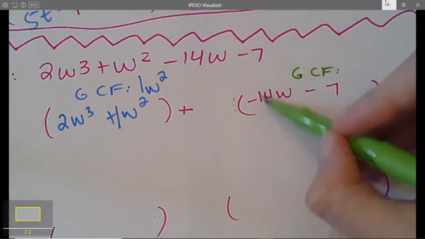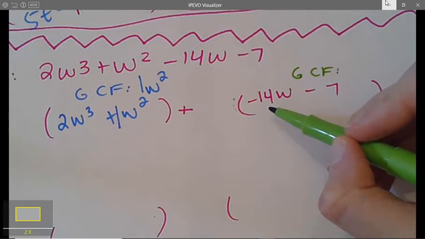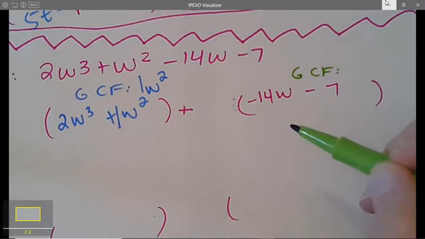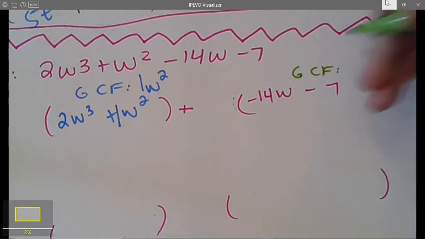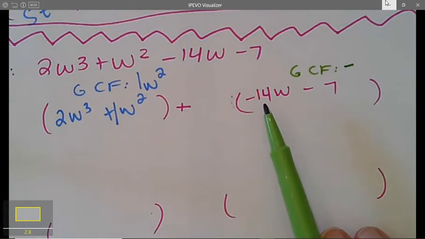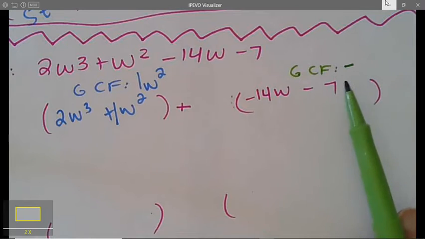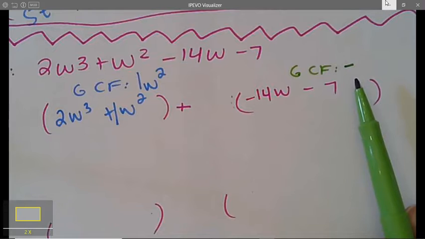Since I'm going to divide negative 14 by a number, and I don't want that to be a negative anymore, what can you divide a negative by to transform it into a positive? You would divide it by a negative. So if you ever see that your leading coefficient is a negative, make sure you also factor out a negative. Don't forget that or the demon cats will get you.